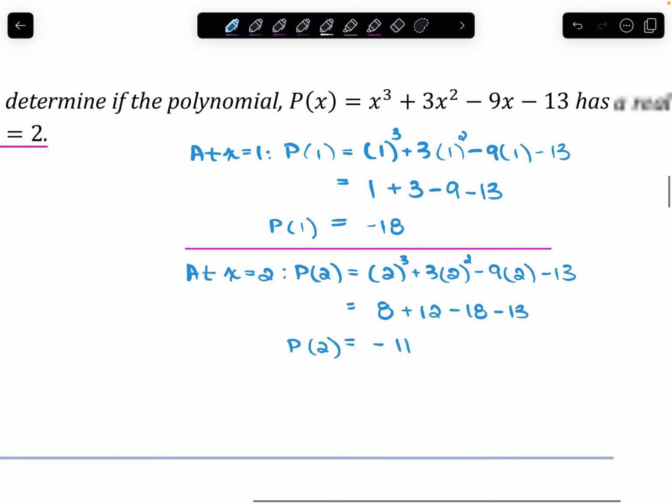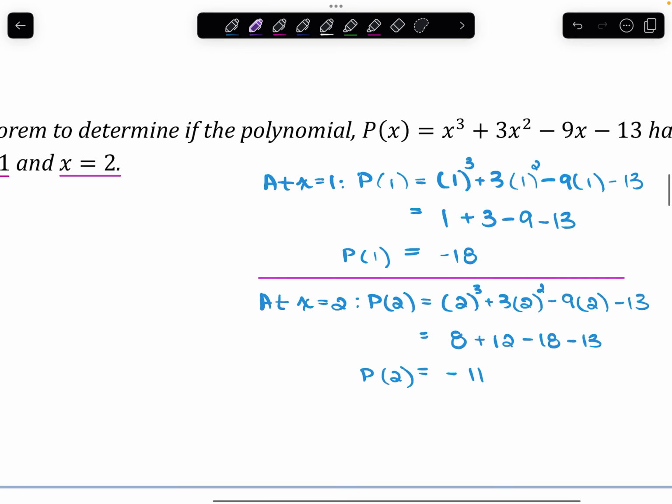All right, so if you want a little visual to kind of go with this, what this is saying is when we are on the x value 1, we are at the y value -18. Let's scooch that down. So I'm going to call that -18. So we're right here. When we are on the x value 2, we're on the y value -11, so here.